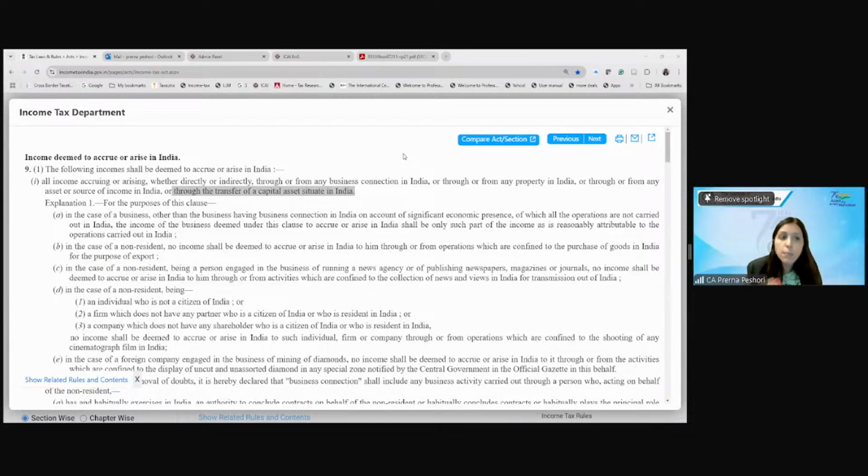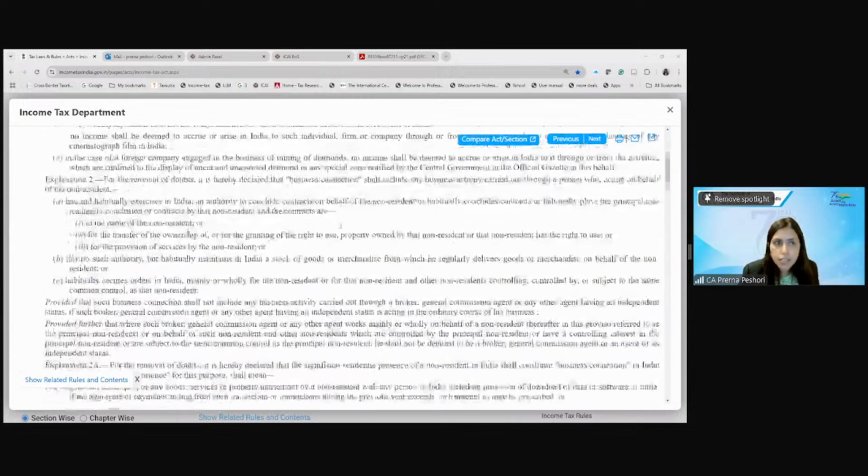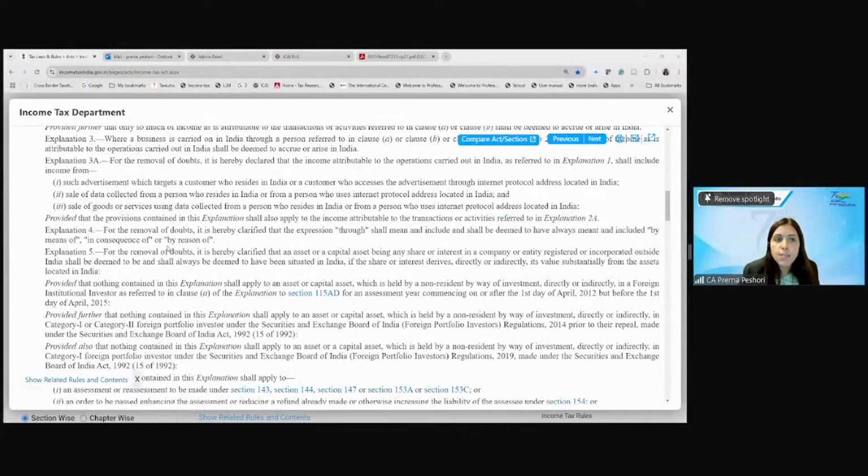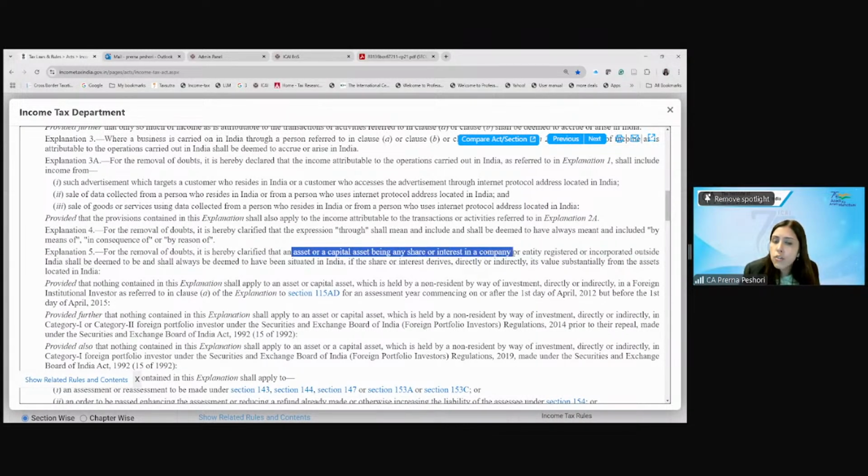But what was the amendment? Let us try and understand. So Explanation 5 is what we will look at. Explanation 5 says, for the removal of doubts, it is hereby clarified that an asset or a capital asset, being any share or interest in a company or any entity registered or incorporated outside India, shall be deemed to be and shall always be deemed to have been situated in India.